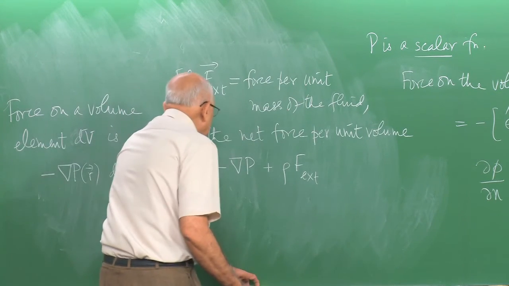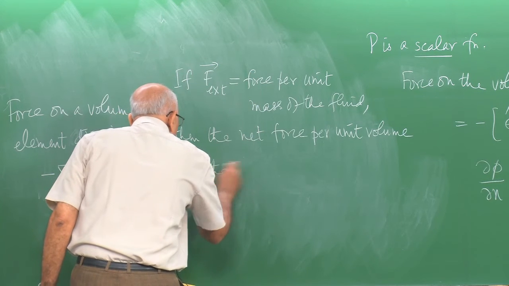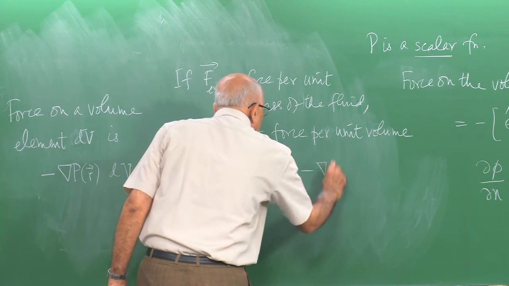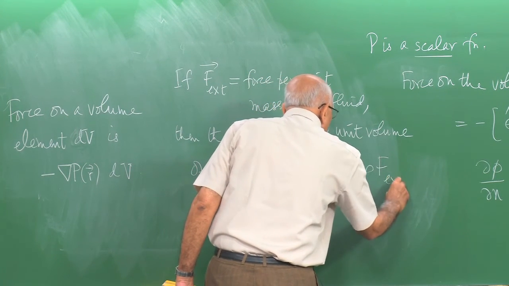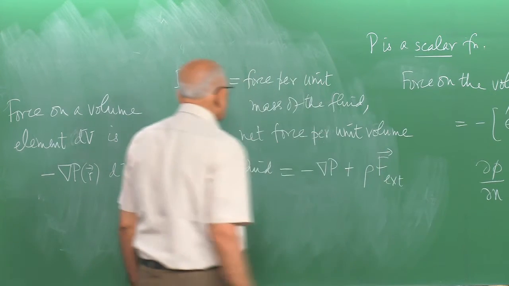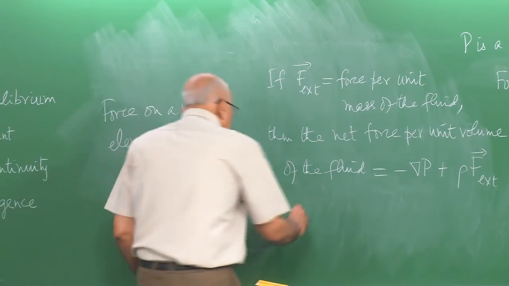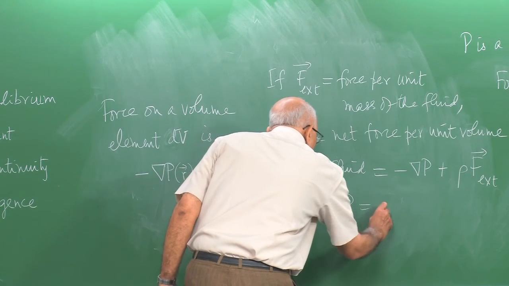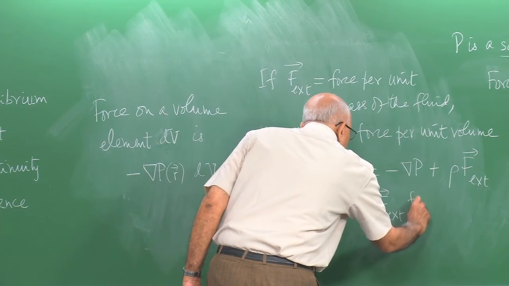So let us write that out explicitly: equal to minus gradient of P plus the density of the fluid times F external. Which implies that the gradient of P equals rho F external for equilibrium.